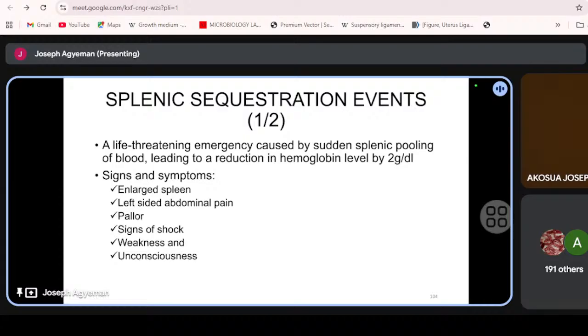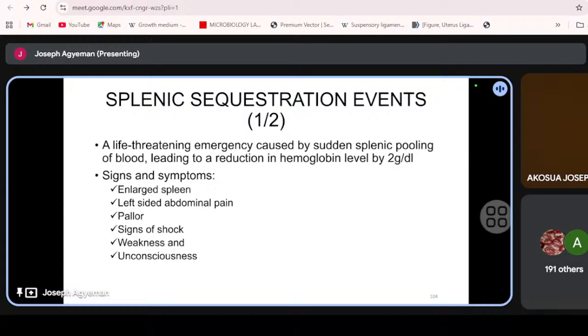That is the usual picture of all hemolytic problems. But with aplastic event, the usual picture of hemolysis will be there, but on the FBC you are rather going to have reticulocytopenia. Why? Because the manufacturing site has been attacked by the parvovirus. A very serious occurrence.